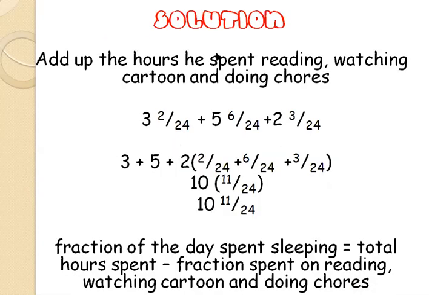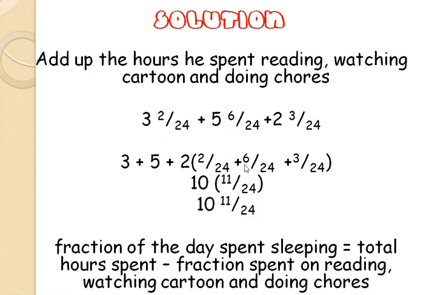So let's add up the hours spent reading, watching cartoons, and doing chores. So this is 3 whole number 2 over 4 plus 5 whole number 6 over 24 plus 2 whole number 3 over 24. So like we did the other time, you're going to add all your whole numbers separately and the fractions separately. So 3 plus 5 is 8. 8 plus 2 is 10. So this is 10.